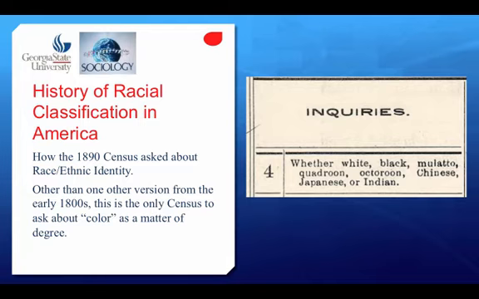They'd be considered an octoroon, and it was a specific category. I see this as quite interesting, and it did not persist in other U.S. censuses, but you can get a sense about how people in 1890 were thinking about race.